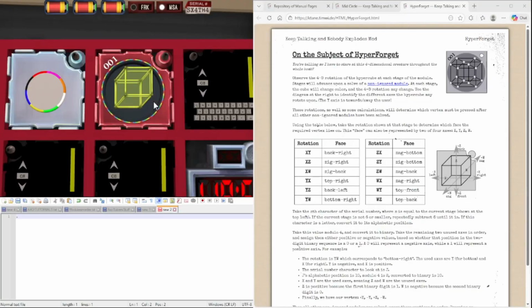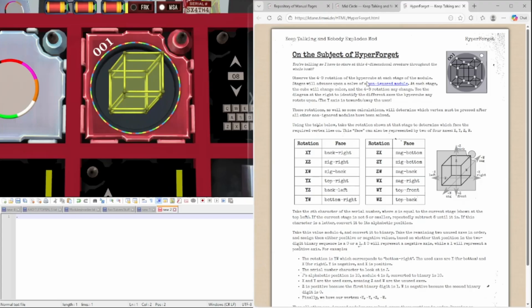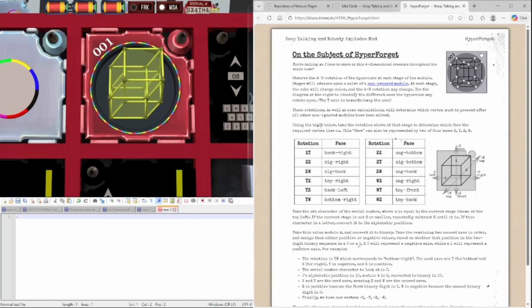Okay, so first of all, set the body rotation of the hypercube module, stages from 1 to 1 of a non-solved module. Rotations determine which way is supposed to be for all the other modules.